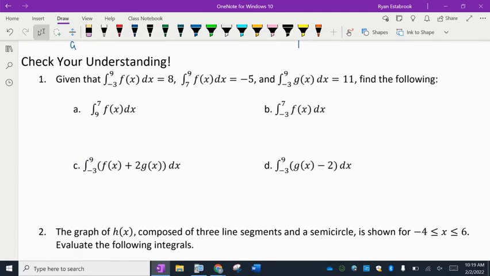Okay. Number 1, parts A, B, C, and D. You are given all of this. From that, we are asked 4 questions.